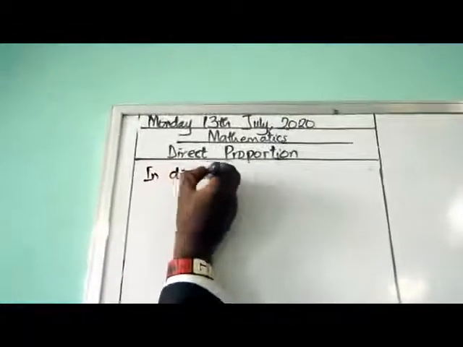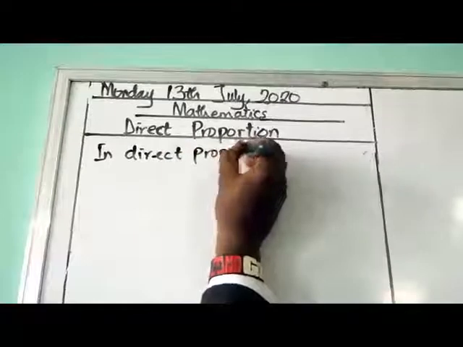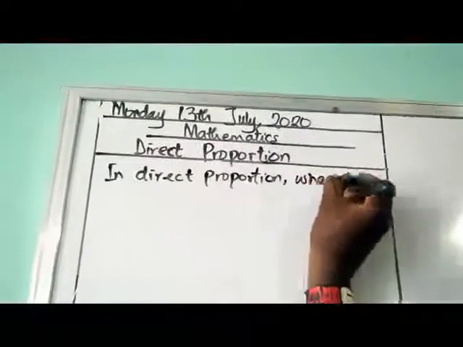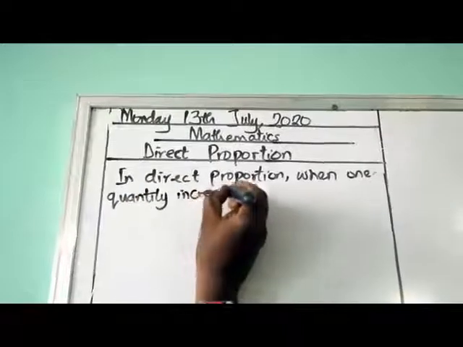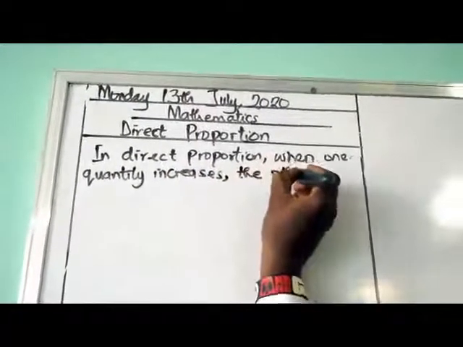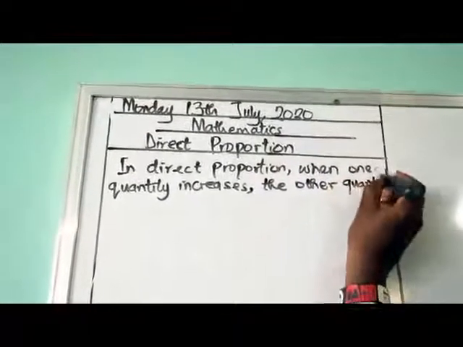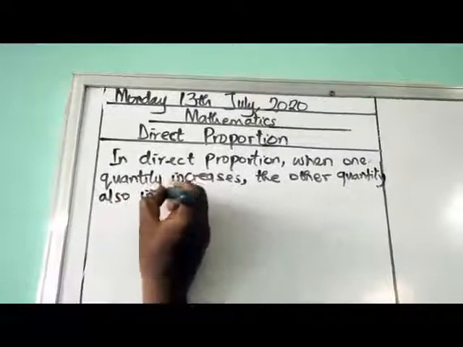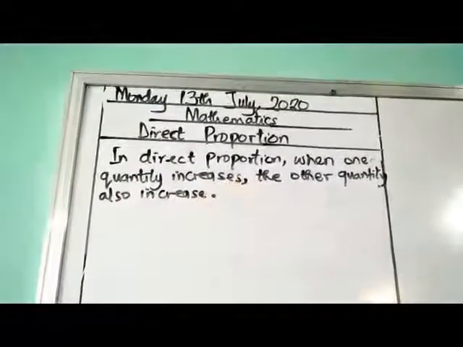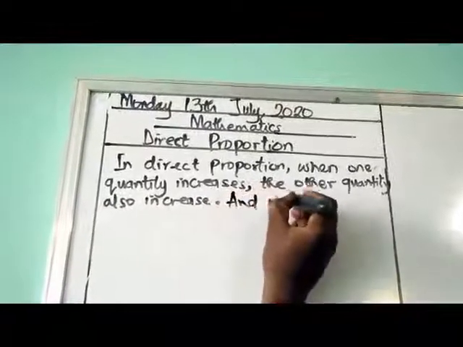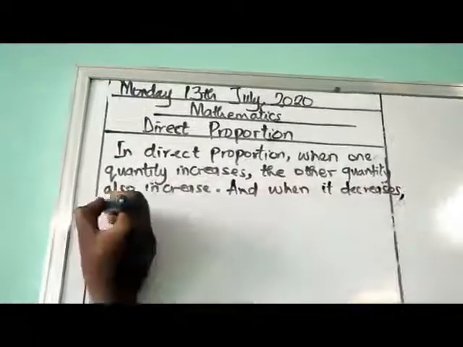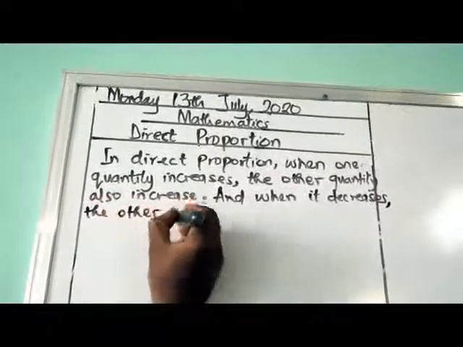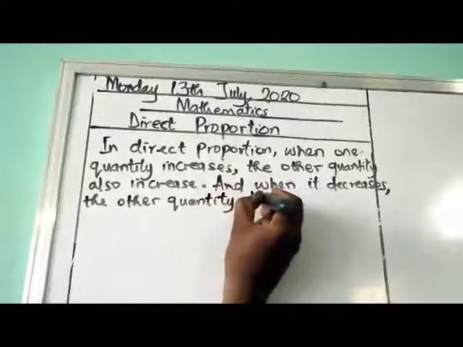So let me put what I mentioned into writing. In direct proportion, when one quantity increases, the other quantity also increases, and when it decreases, the other quantity decreases.